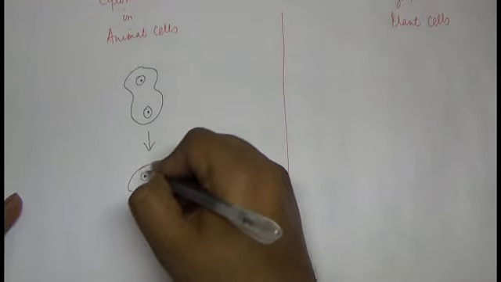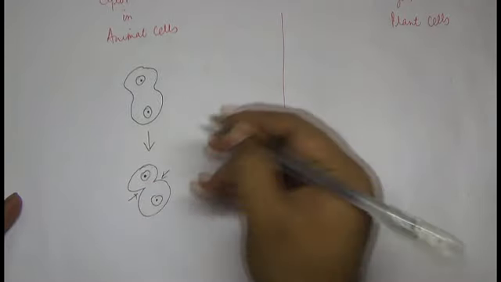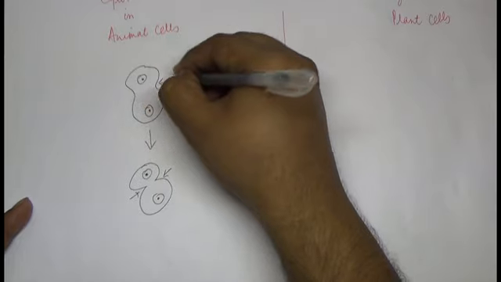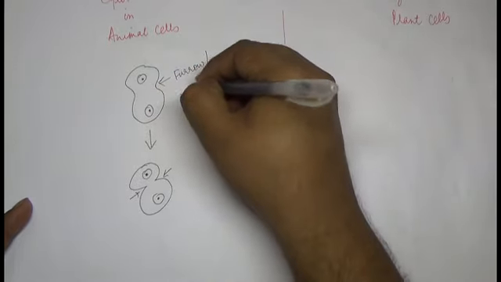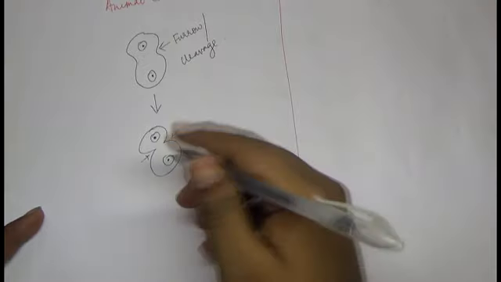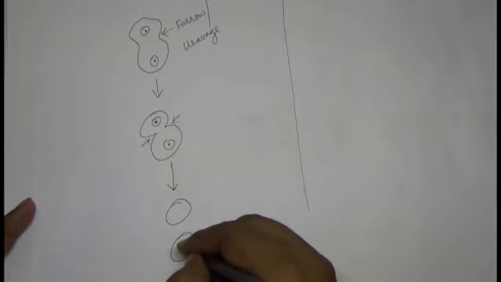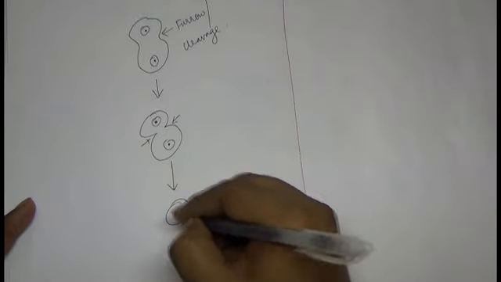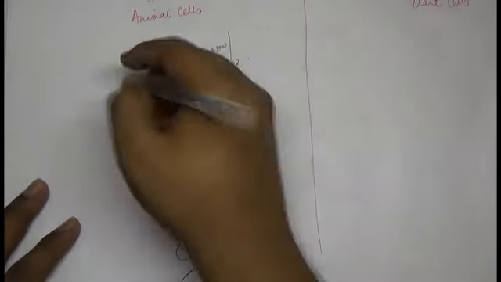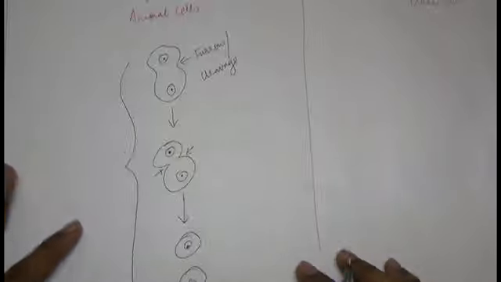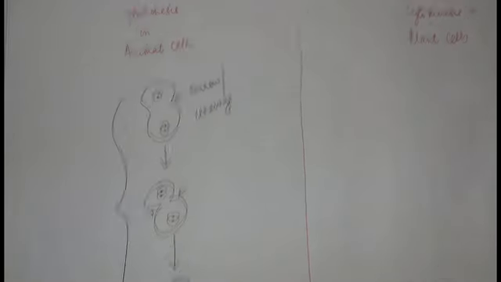This constriction will further deepen. It will deepen from the two ends. This is called the furrow or cleavage. It will deepen to such an extent that two individual cells will be produced at the end of the day. Okay, so this is how the cytokinesis in animal cells progresses. Correct? This diagram is important.